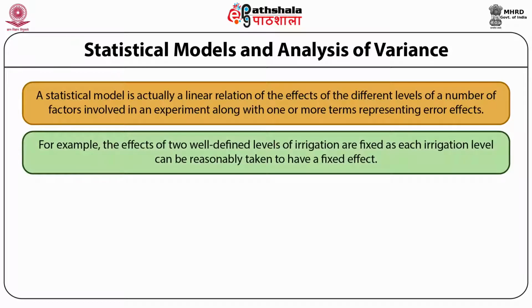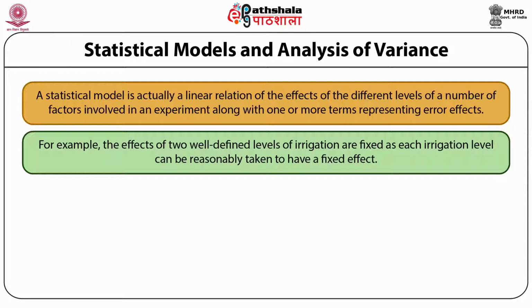For example, the effects of two well-defined levels of irrigation are fixed, as each irrigation level can be reasonably taken to have a fixed effect.